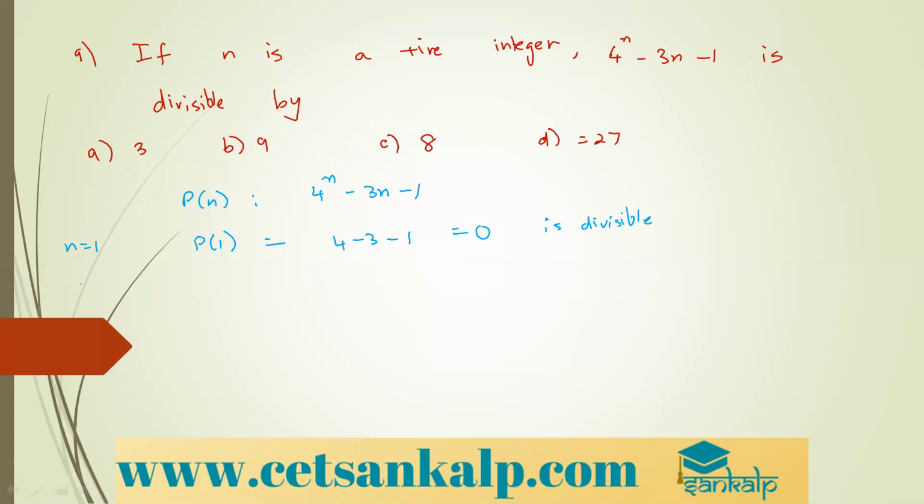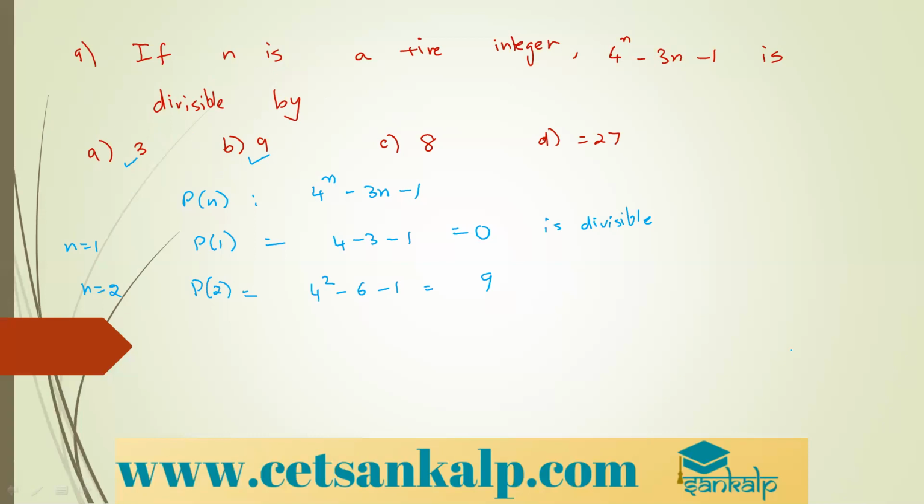We need not check. Now I will put n equal to 2. P of 2 is 4 square minus 6 minus 1, 16 minus 6 is 10, minus 1 is 9. So of course 9 is divisible by 3, and 9 is divisible by 9.